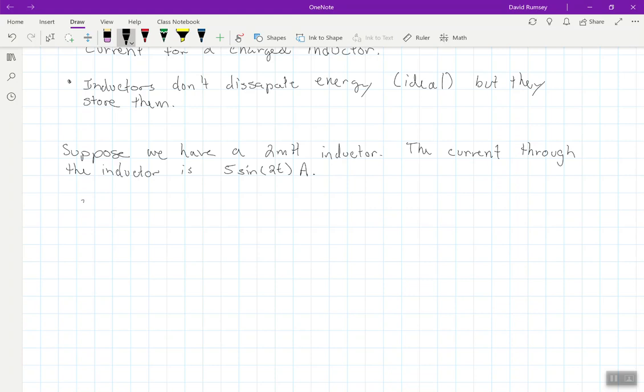And then we're going to have some things we're going to answer here. What is the voltage across the inductor? Actually, we're going to answer three things.